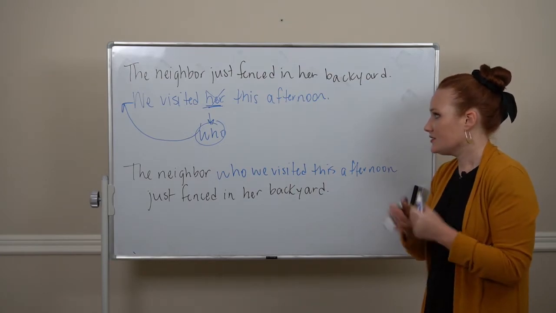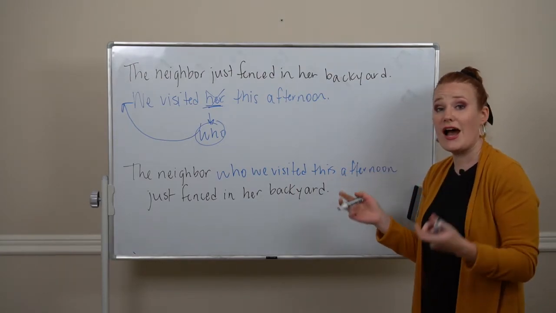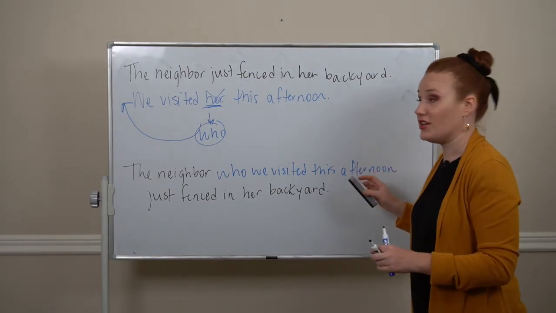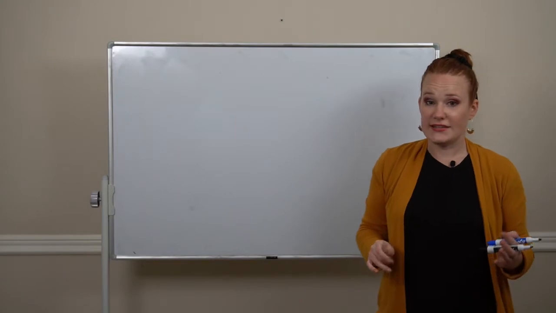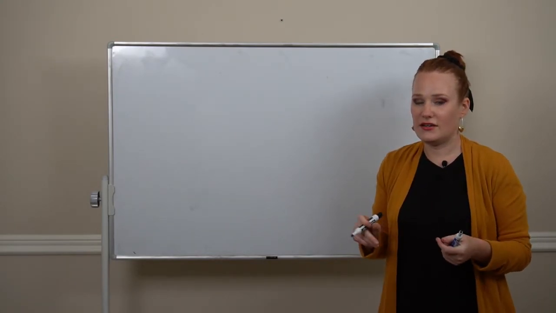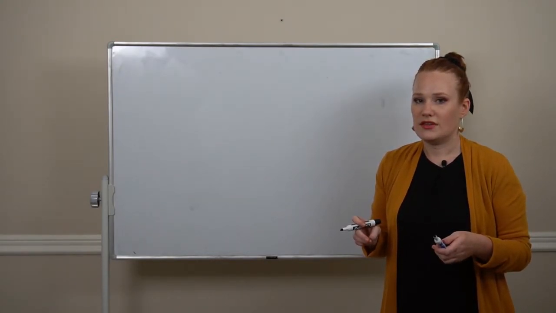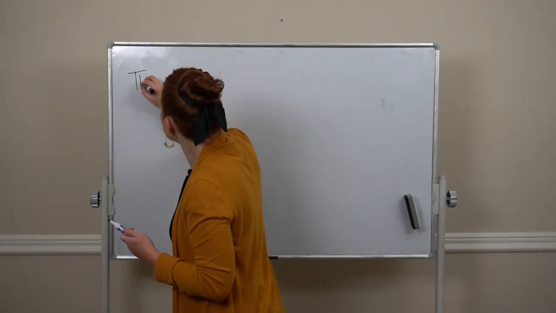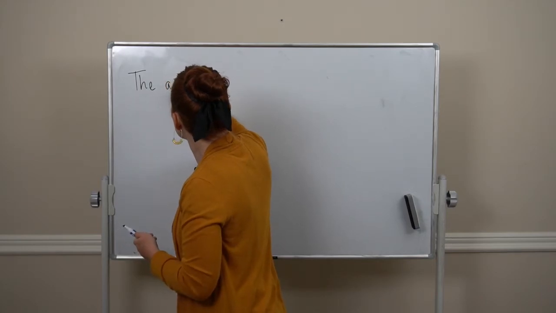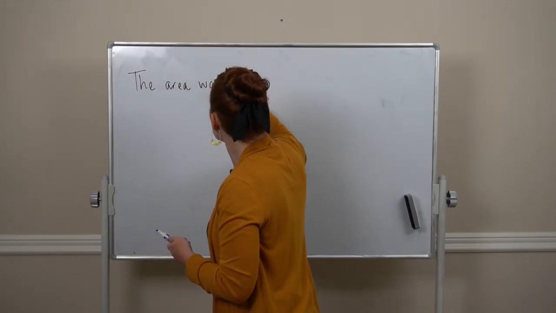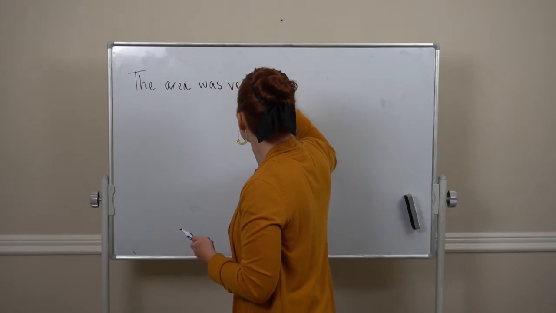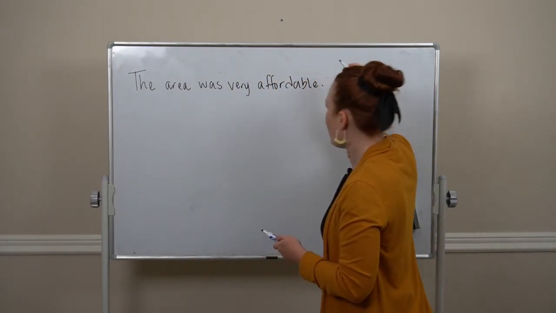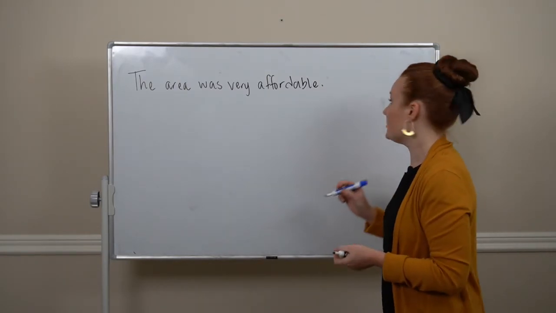All right, these are what we do for objects, but we also have objects of a preposition. So if we're looking at sentences like, the area was very affordable.